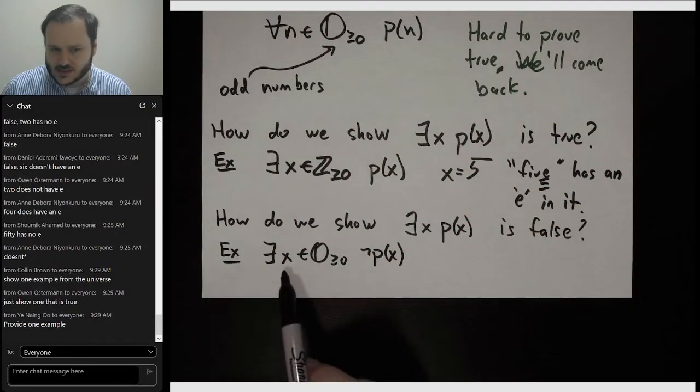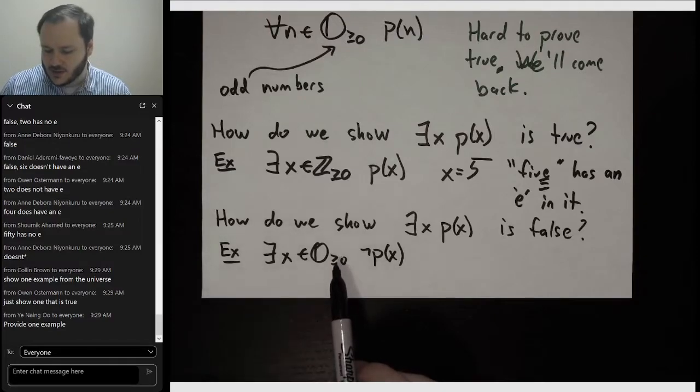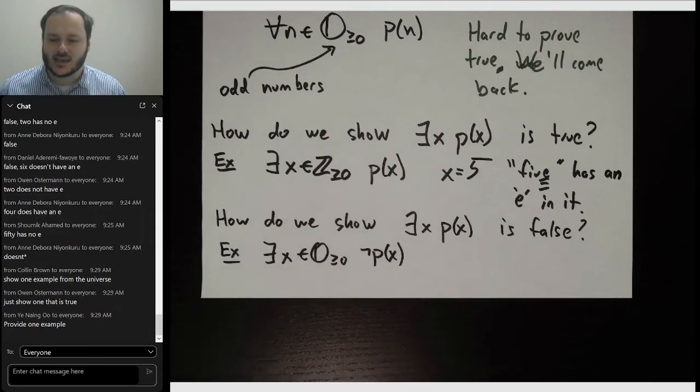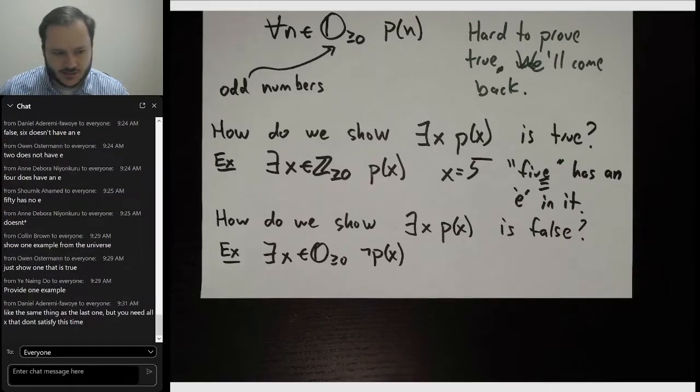There is an odd number that does not have an e in its English expansion. It's the same as the last time.